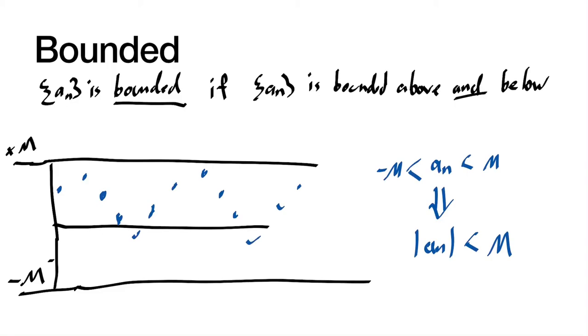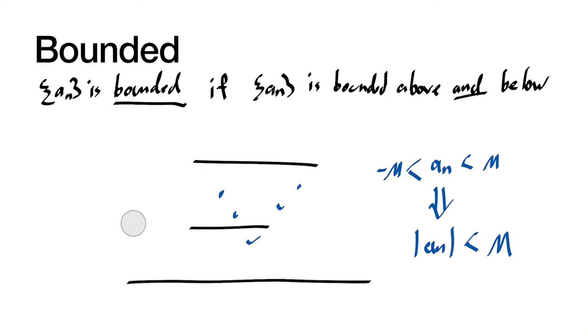I'll ask you to flesh out the details and show that having these two qualities, being bounded above and below, is the same as having this one property, and that's the property of the absolute value being bounded. So it gives us a second definition that we could use as well.